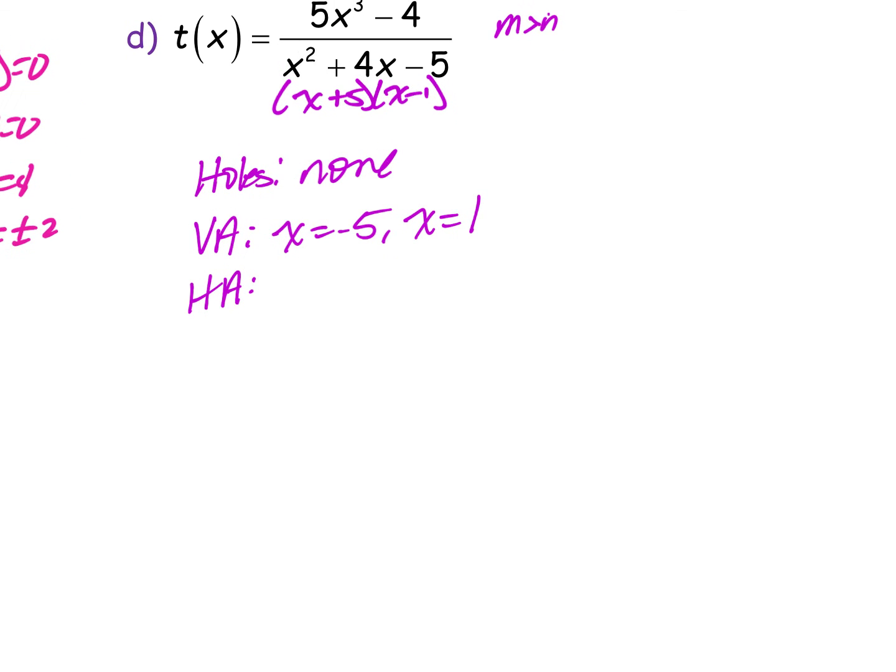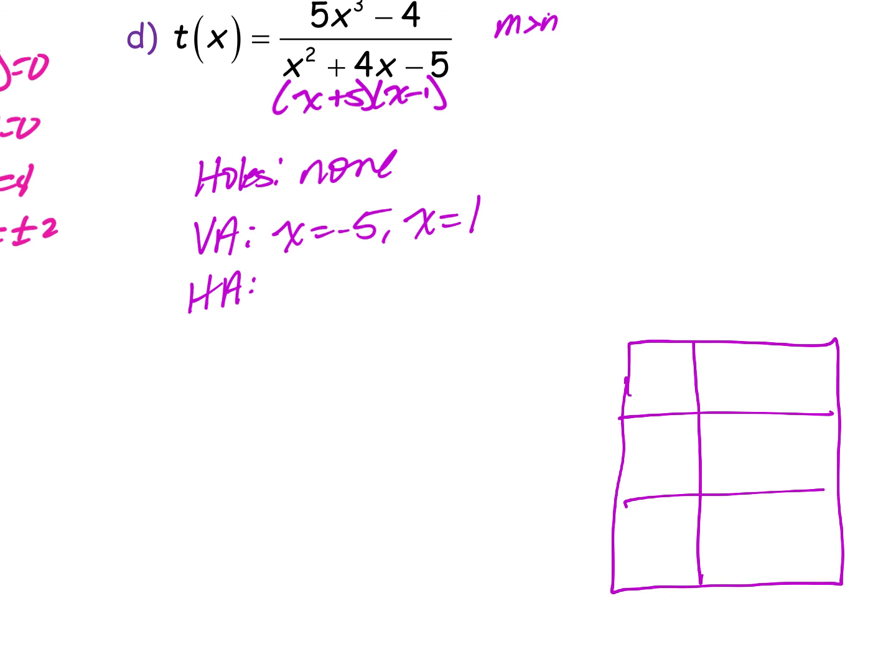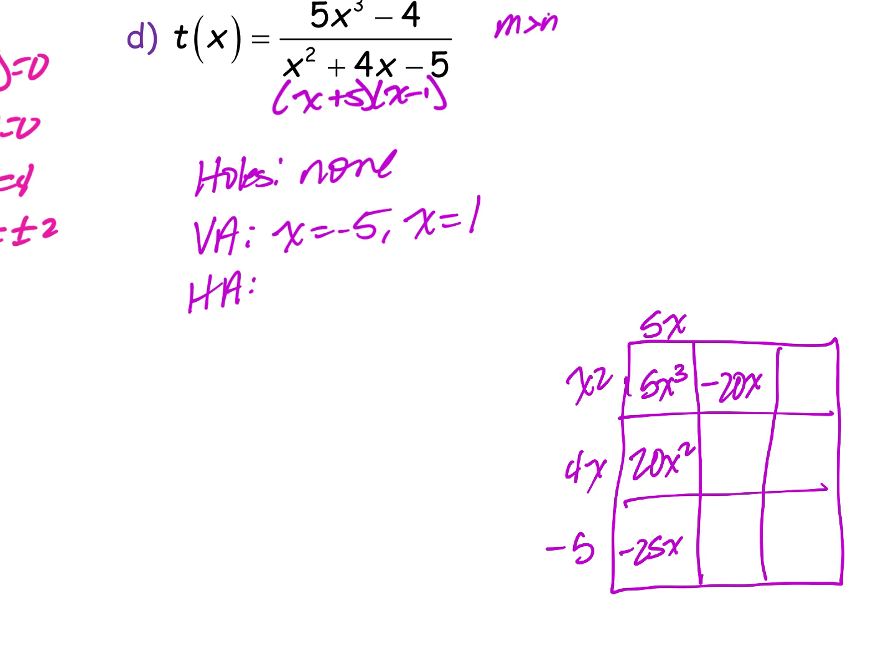So I'll see if I can do the box again. We're gonna try this again with the three here. Let's see, x squared, 4x, and -5. I need 5x cubed. So 5x, right? And that will give me 20x squared and -25x, and then -20x. So I'm going to multiply by -20, and there we go.